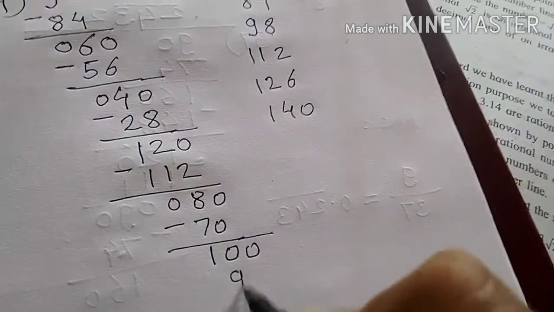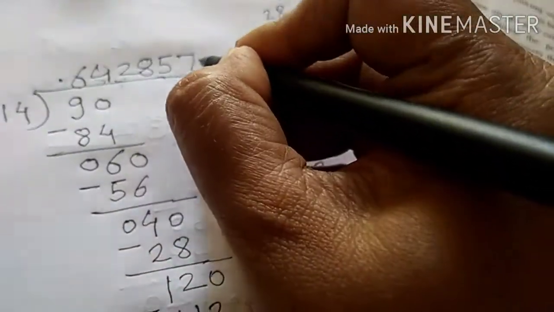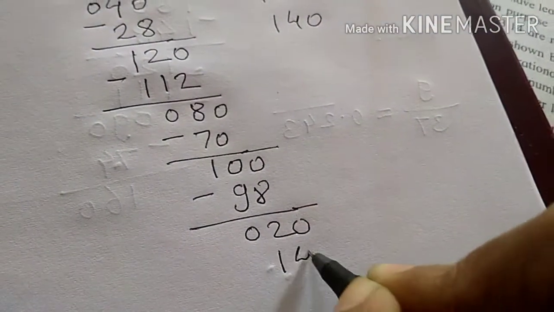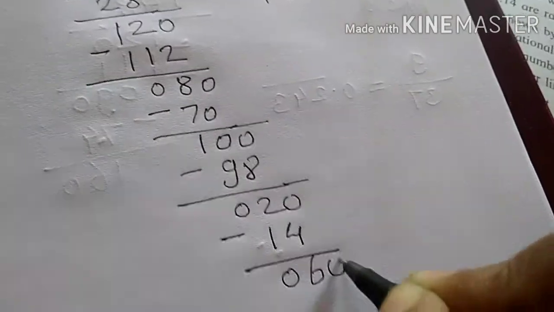The remainder is 2. Again take 0. 14 ones are 14. Here the remainder is 6. Further write 0.